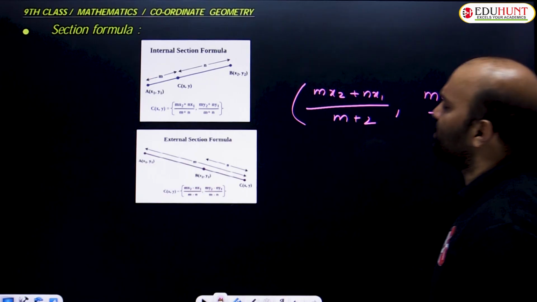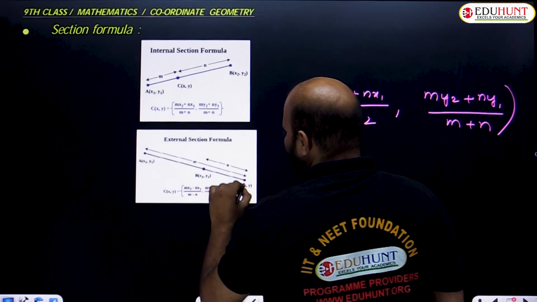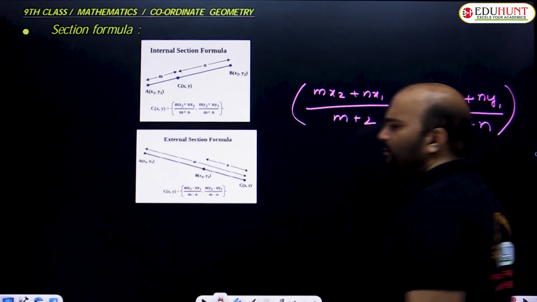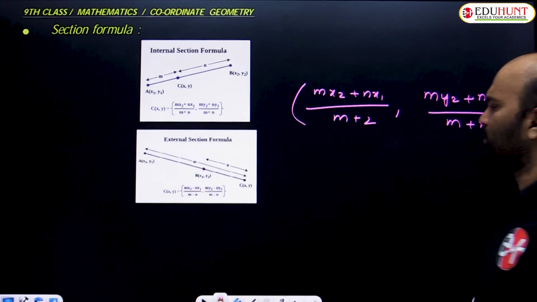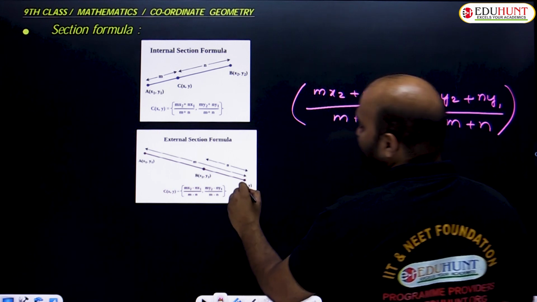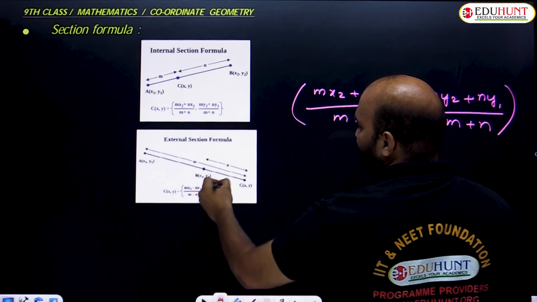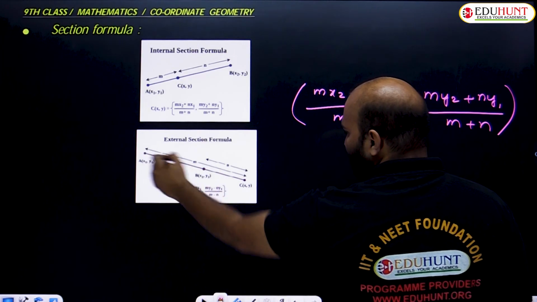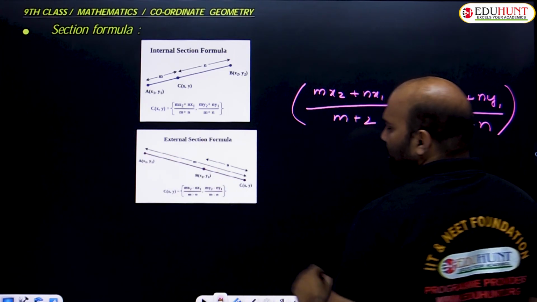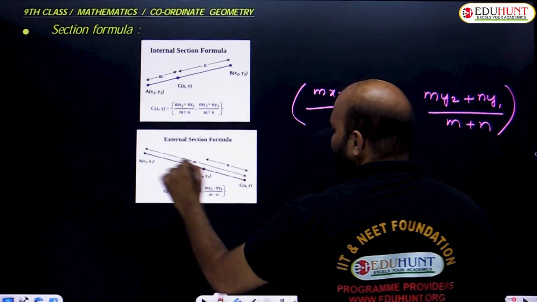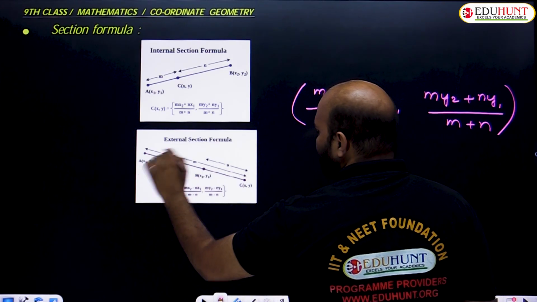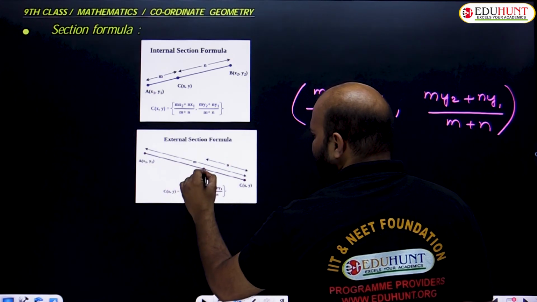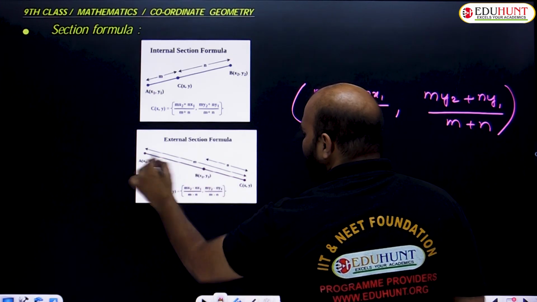And the external section formula. A and B are two points in a plane. A coordinates are x1 comma y1, B coordinates are x2 comma y2. The point C externally divides the line, so it can be extended. The AB line is extended to C. So clearly we need to understand that C divides in the ratio m is to n, from B to C is n ratio, A to C is m ratio.